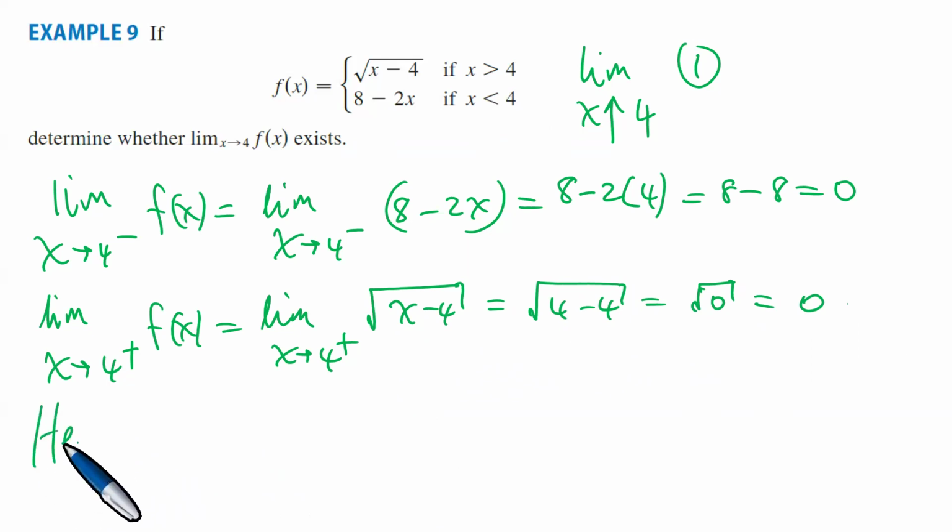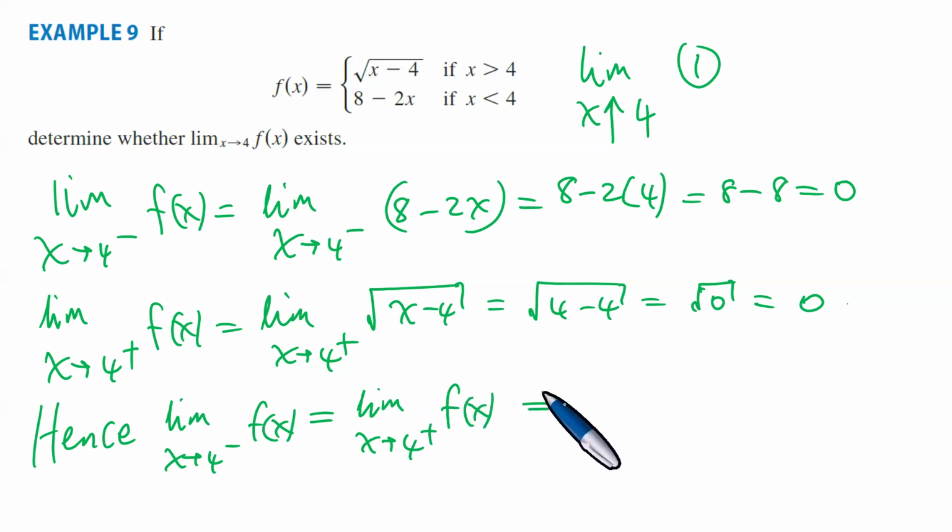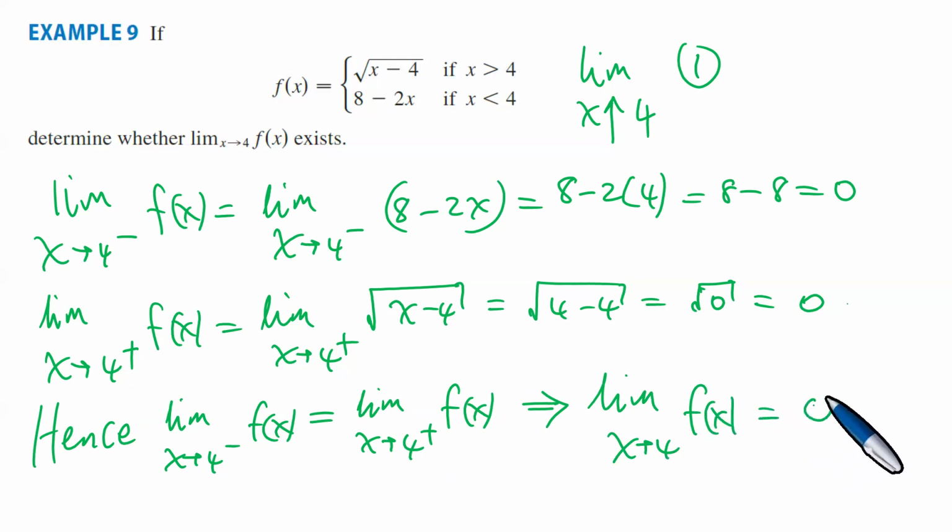Hence, the limit as x approaches 4 from the left of f of x is actually equal to the limit as x approaches 4 from the right of f of x, which therefore implies that the limit as x approaches 4 of f of x is equal to 0.